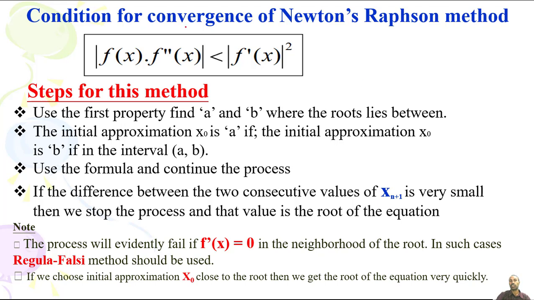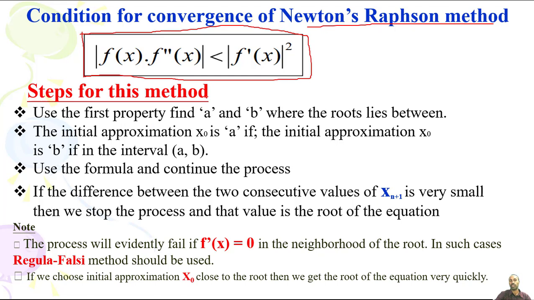And what are the conditions for convergence of the Newton-Raphson method? These are the conditions: the absolute value of f of x multiplied by the second derivative of f of x is less than the square of f derivative of x, in absolute value. If this happens, then the root will converge.